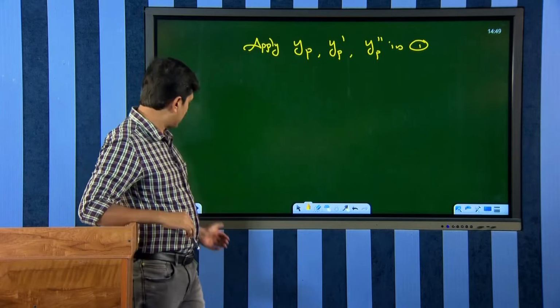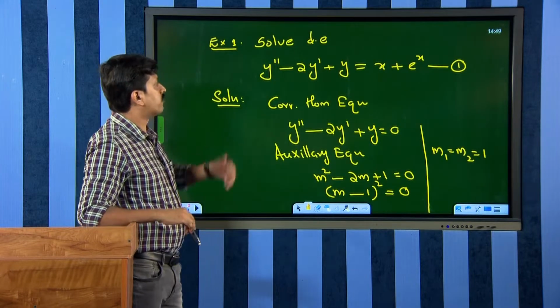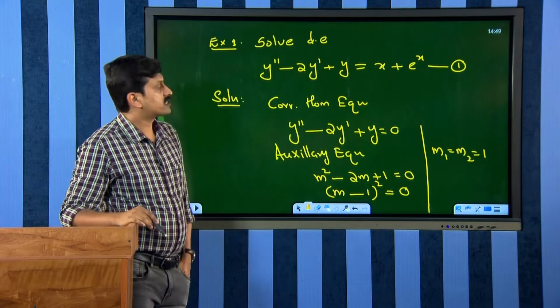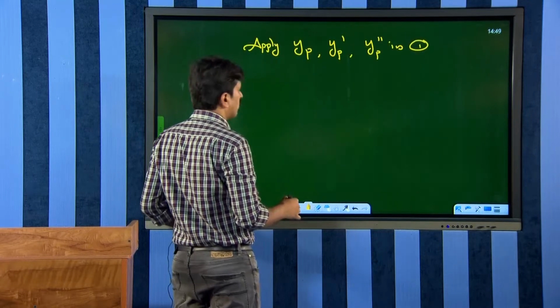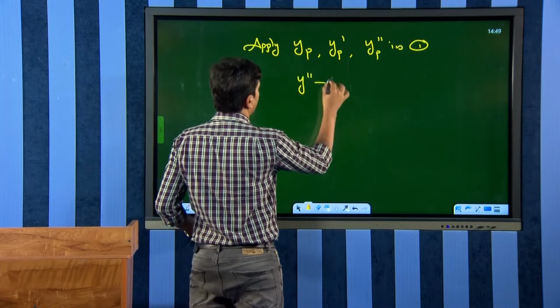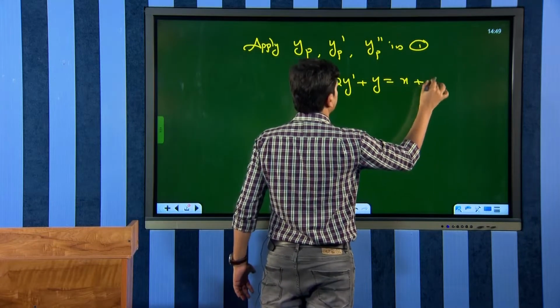The equation 1 is y double dash minus 2y dash plus y is equal to x plus e raised to x.